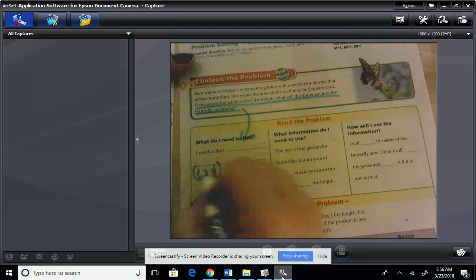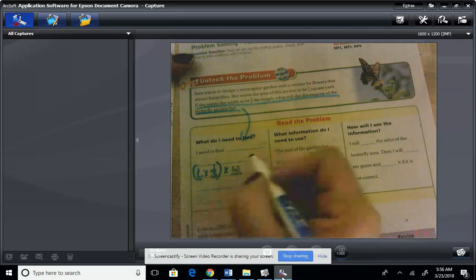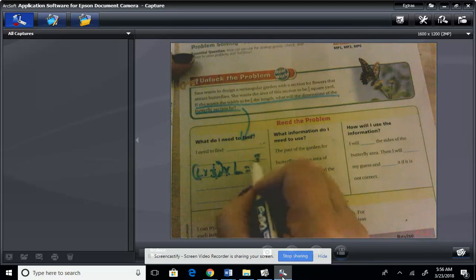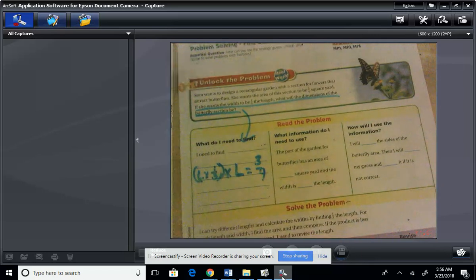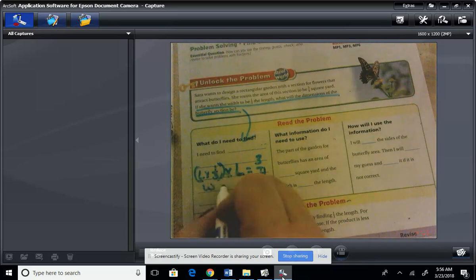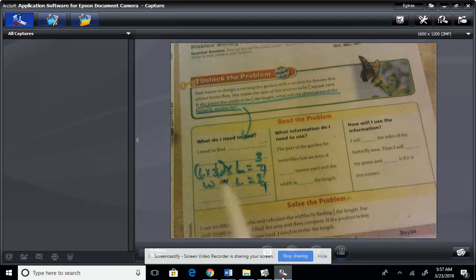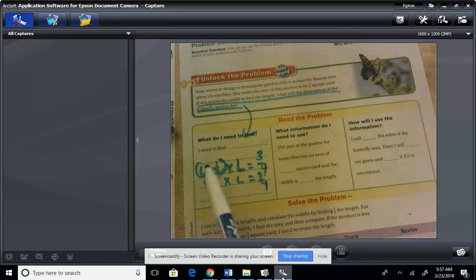Got to figure that first, times the width. Nope, sorry. Times the length equals 3/4. So this is what the width will be, times the length equals 3/4. So first we have to figure out the length times 1/3. And then we'll take that times the length because that'll give us our width.